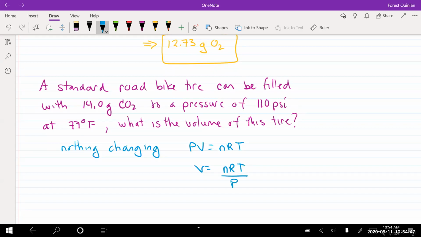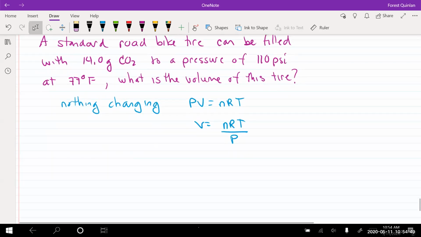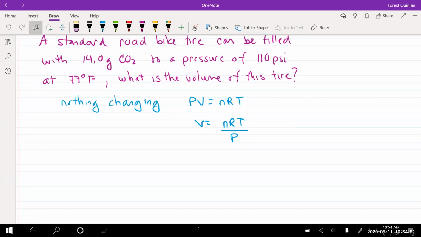All right. So now I'm going to do V is equal to... We need the n, right? If that's moles, then I have to take my 14 grams of CO2, and that weighs 44.01 grams per mole, since we went to the periodic table.